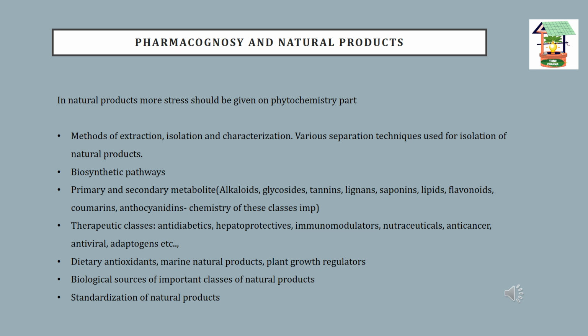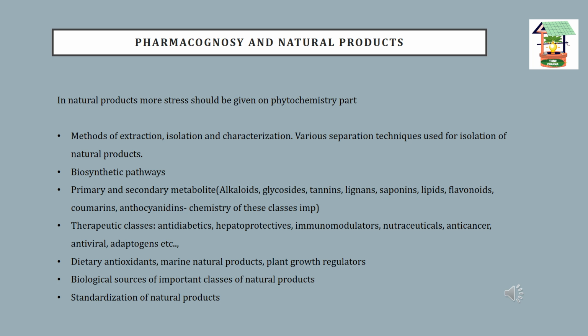So from all these secondary metabolites, the chemistry of these classes is very important to gain marks. The chemistry means what is the class, what is the chemical structure present in it, what is the family, all that you have to learn from these primary and secondary metabolites.